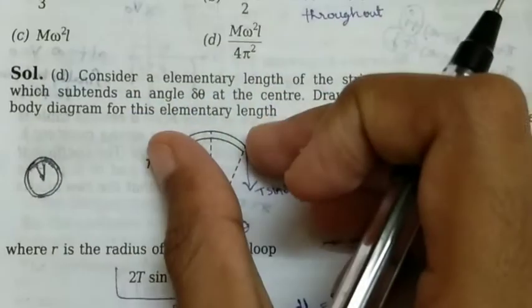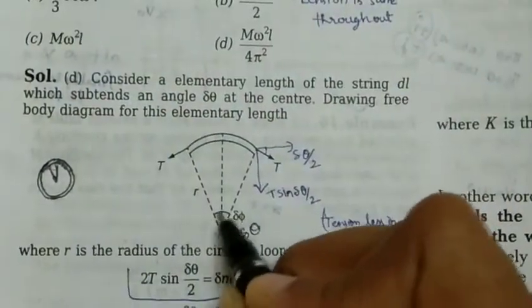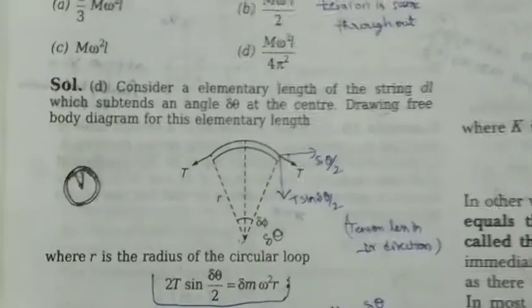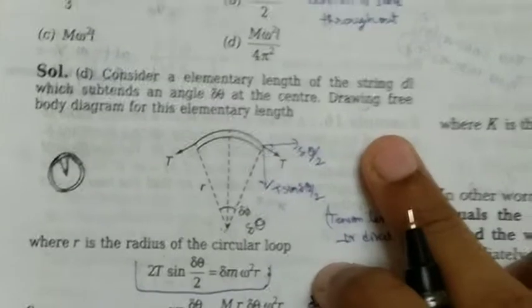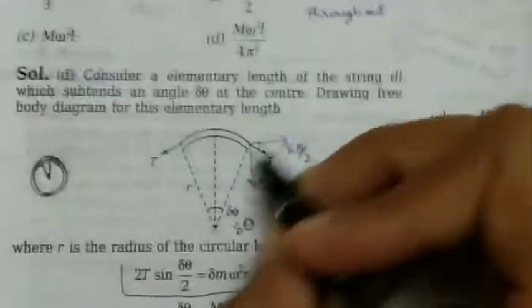So this dl length of the string makes an angle delta theta at the center. Now by using this we need to draw a free body diagram and find the tension finally.